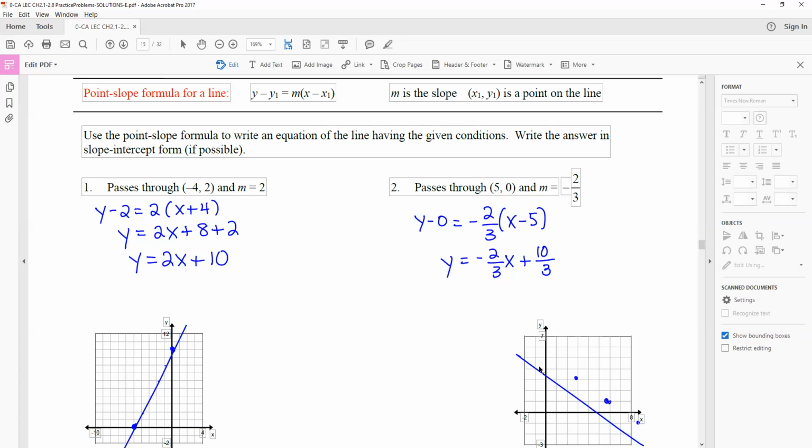Okay, in this case, now you can see the corrected line. I didn't move the points, but the y-intercept is 10/3 or 3 1/3, and it goes down 2, right 3, down 2, right 3, and so on.